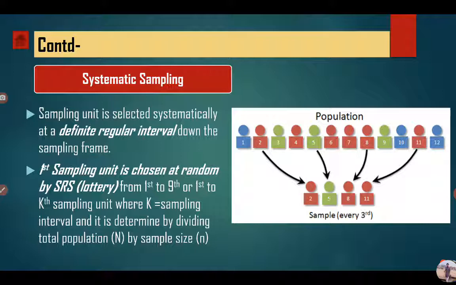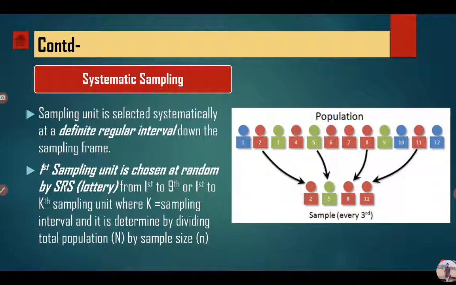Here in this example, I am using the sampling frame by numbering the population as sampling units from 1 to 12, and from this sampling frame, the first sampling unit is selected by the random number table or simple random sampling technique or lottery, and the next sampling unit is chosen at a definite interval.